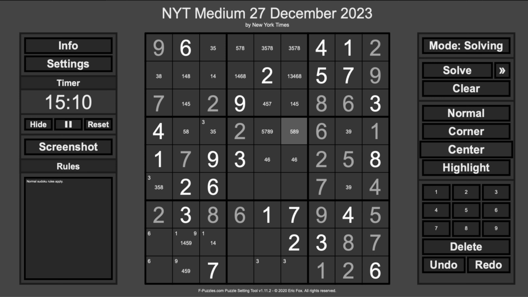Okay, that was not helpful. These cells are not 2, 3, 4, 6, 7.